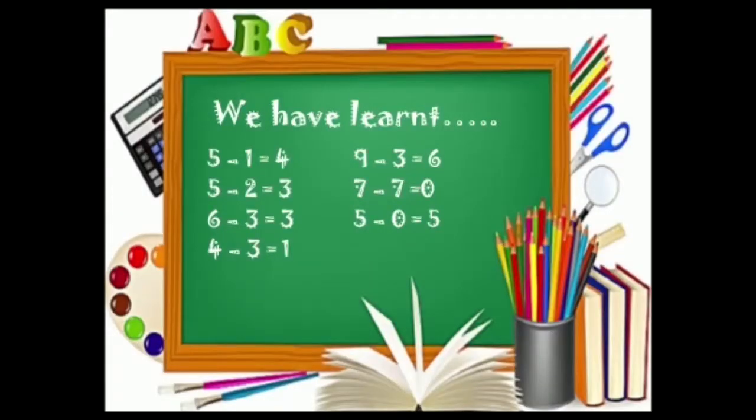We have learnt 5 minus 1 equals 4. 5 minus 2 equals 3. 6 minus 3 equals 3. 4 minus 3 equals 1. 9 minus 3 equals 6. 7 minus 7 equals 0. 5 minus 0 equals 5. So this is what we have learnt. I hope you all have understood the basic term about subtraction.